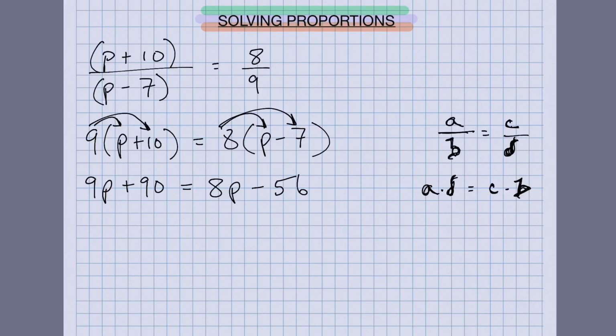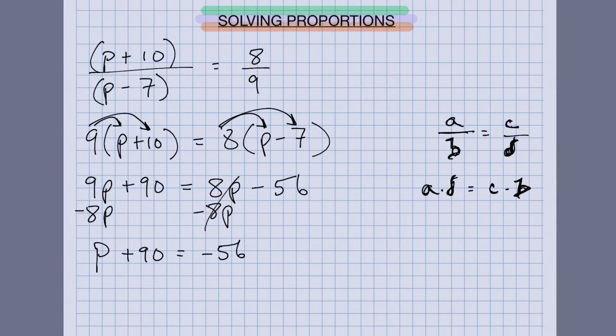Okay, now you want to get everything with the variable on the same side and everything with the numbers on the opposite side. So we have 8p and 9p. So let's subtract 8p from both sides. Okay, so we have 9p minus 8p, that's 1p, so we just have p plus 90 equals negative 56.